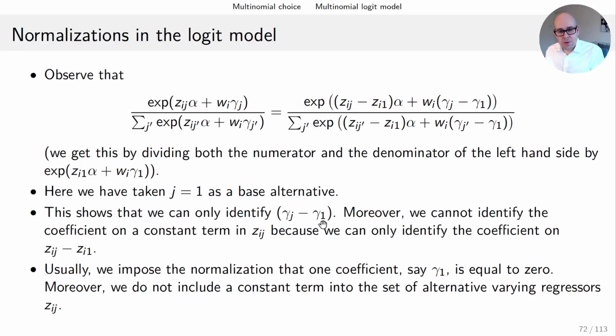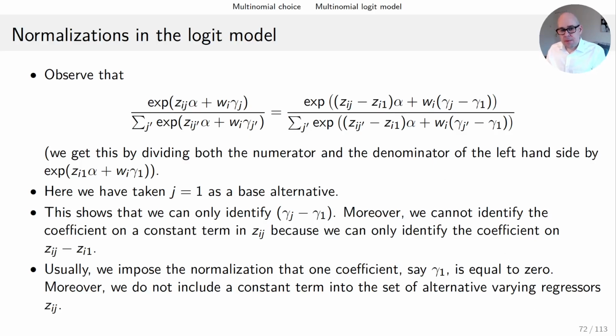Also, we cannot identify the coefficient on a constant term in Zij. Why? Because I'm always going to have the difference in the Zij's here. So if the first element is a 1, it's 1 minus 1 for that first element, so the alpha will never be identified.